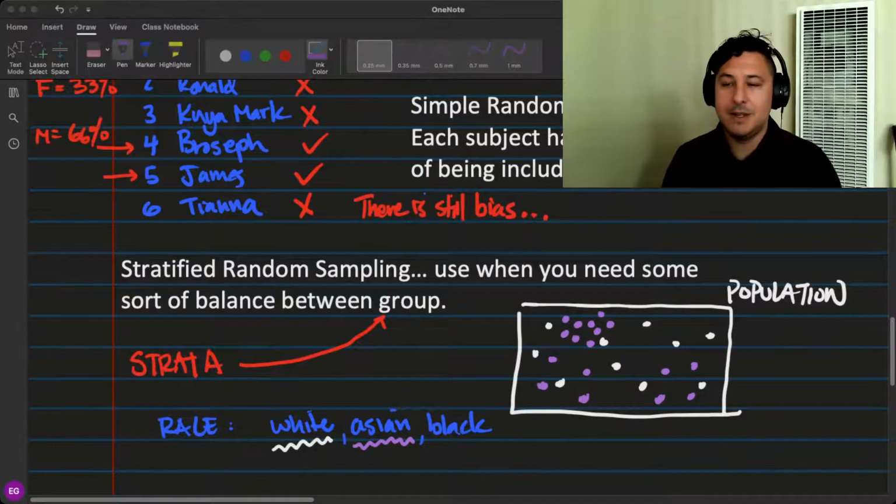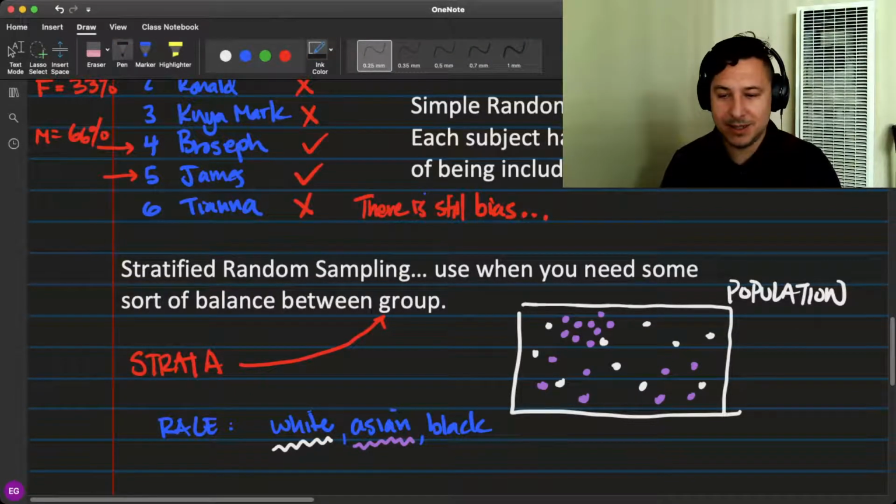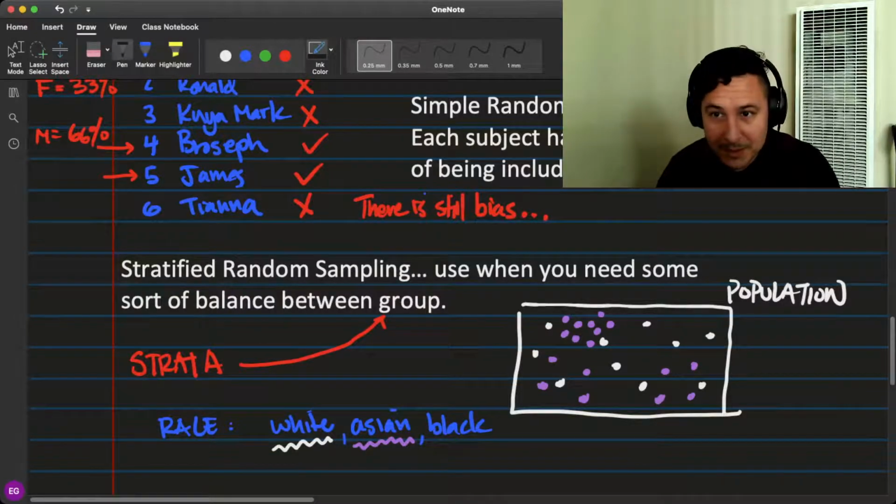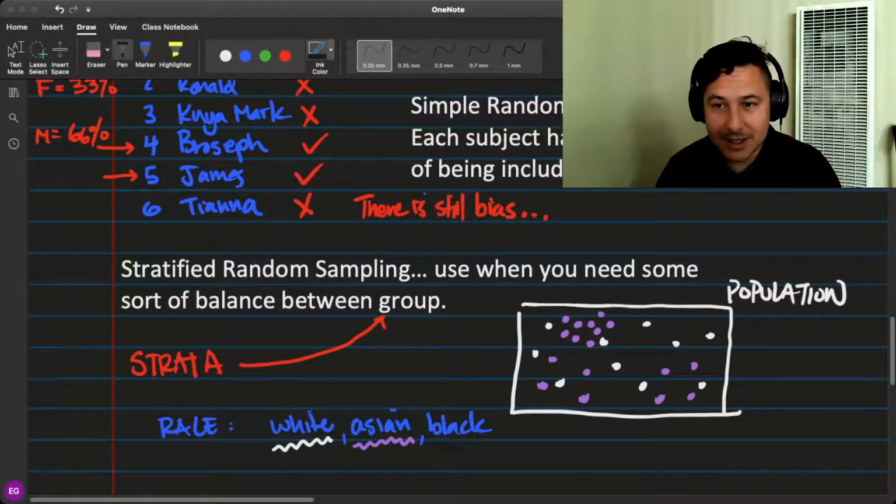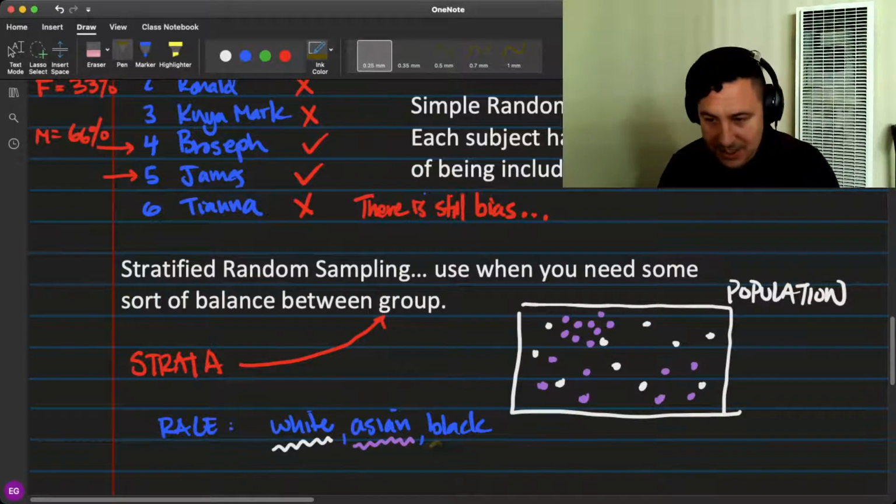Now, black people will be black dots. That's just easy. Okay, that doesn't show up. I can't use that color. They're going to be this color. It's more brown. It just doesn't show up.